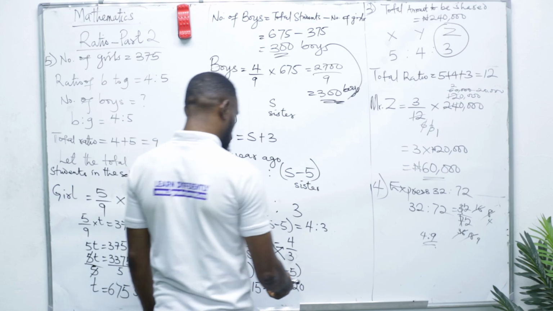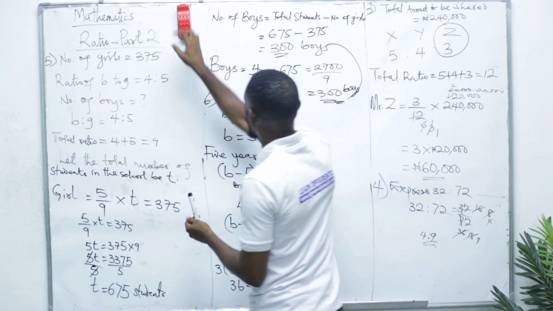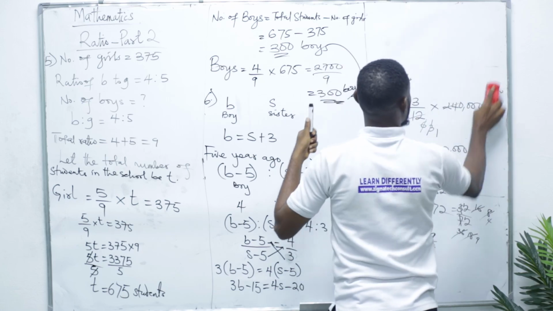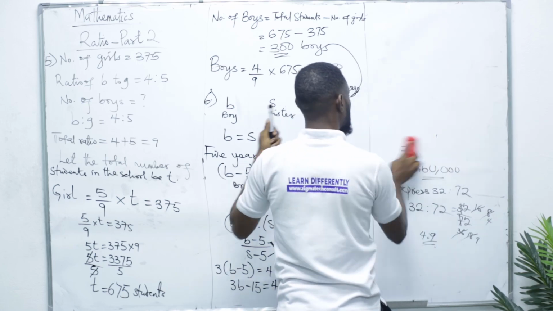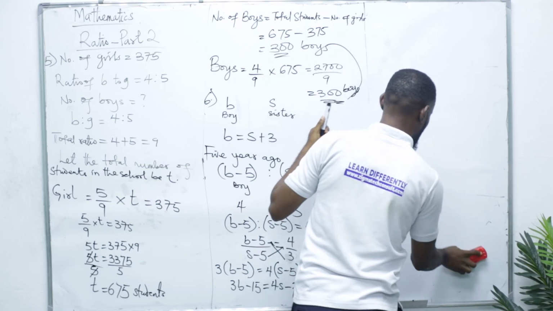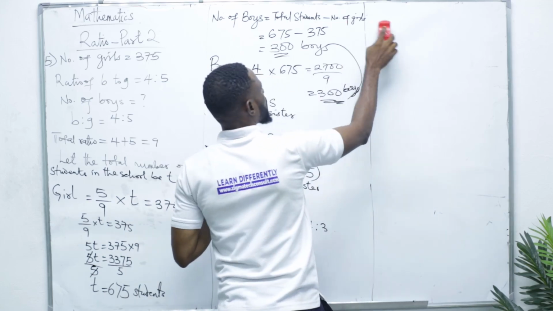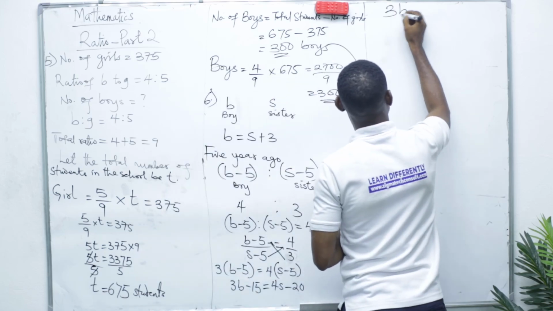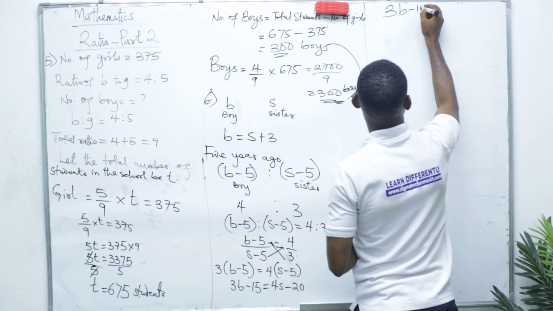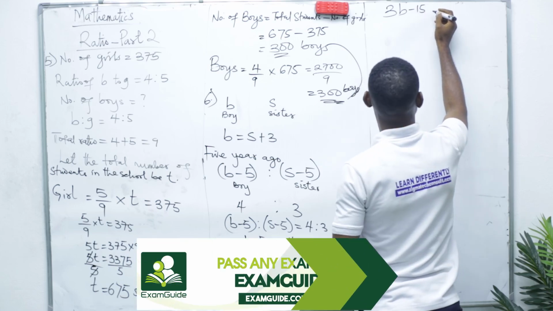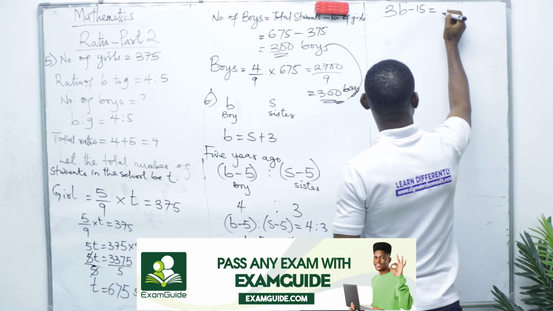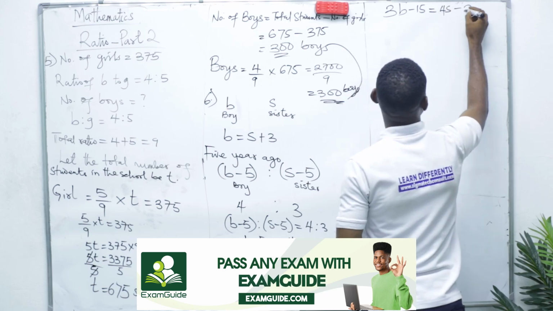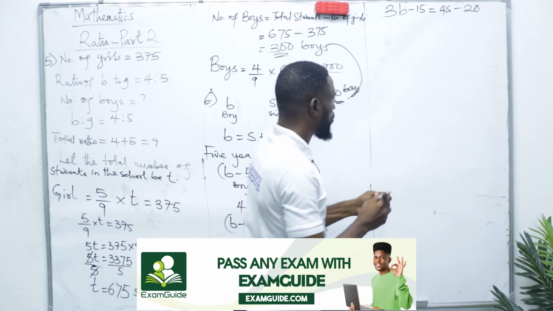All right, so this is 3B - 15 = 4S - 20. Now look at the equation we have here.